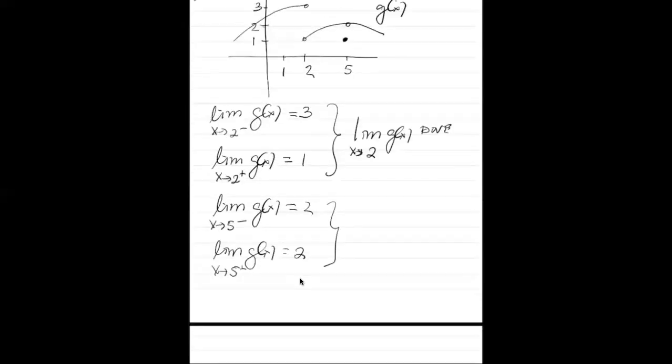Because of these two facts, we say that the limit of g of x when x is approaching 5 is also 2. Now let's add something else and find out what is g of 5. So there's a limit when x is approaching 5, but g of 5 is not 2, it is 1, and that's all right.